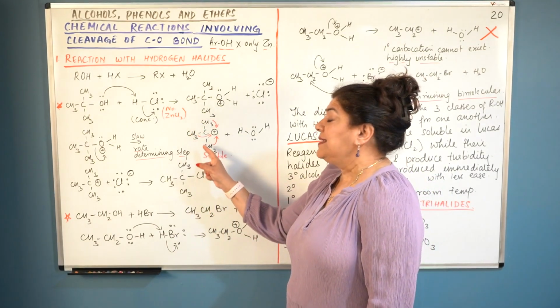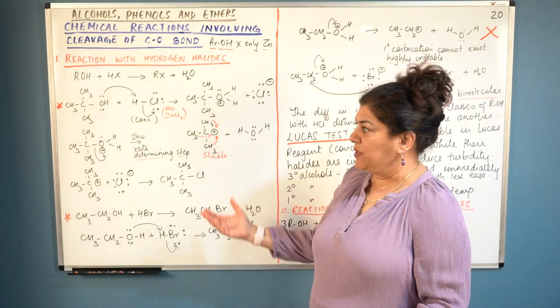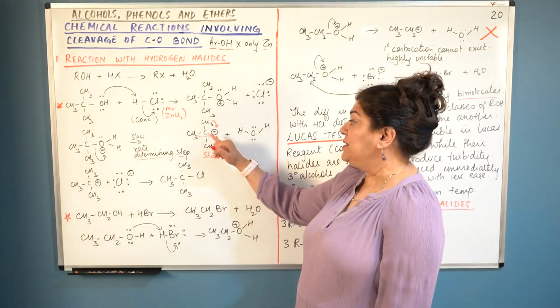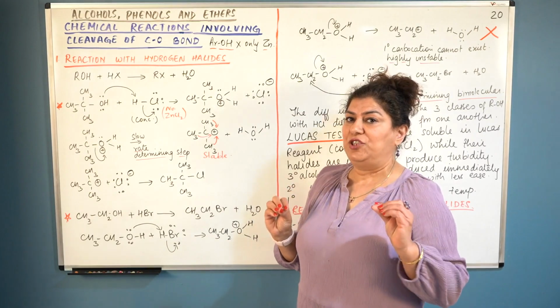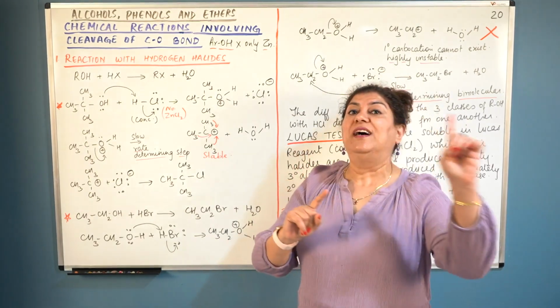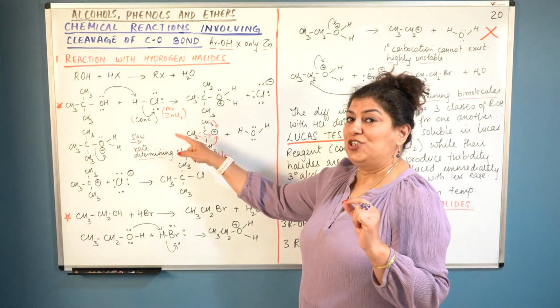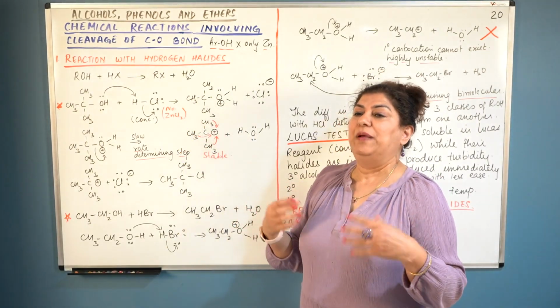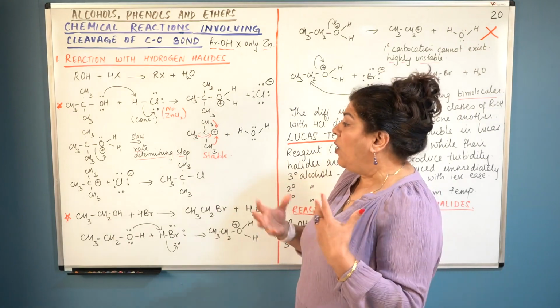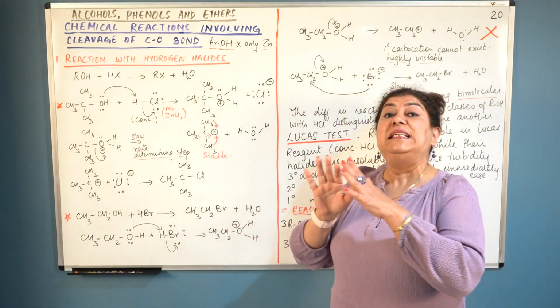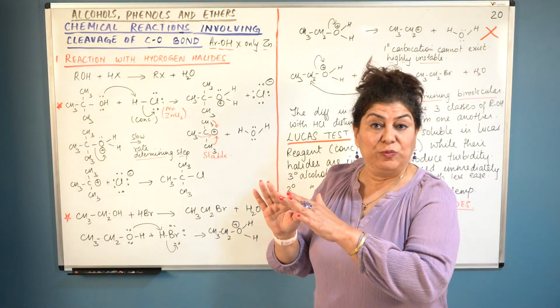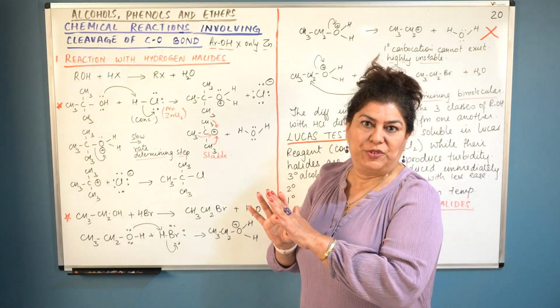Now, this is a tertiary carbocation because it was a tertiary alcohol, which means the carbon which has positive charge is attached to 3 other carbon atoms. Since it is attached to carbon atoms, alkyl groups, methyl, ethyl, propyl, whatever, all alkyl groups are electron releasing groups or electron donating groups or electron repelling groups.